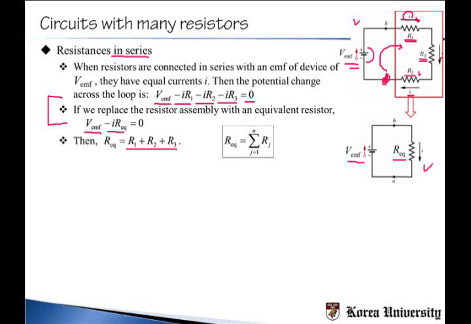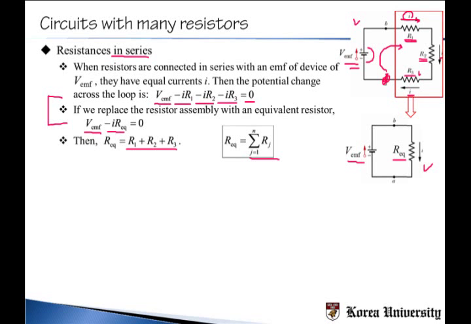Here we had only 3 resistors, but if you have 10 resistors or 100 resistors, it doesn't matter how many you have. If all of them are connected in series, then their equivalent resistance will simply be the linear summation of all the resistors.